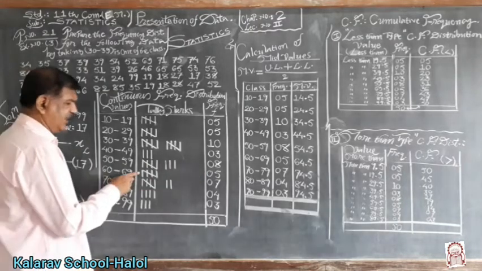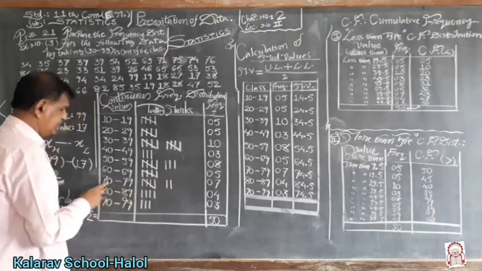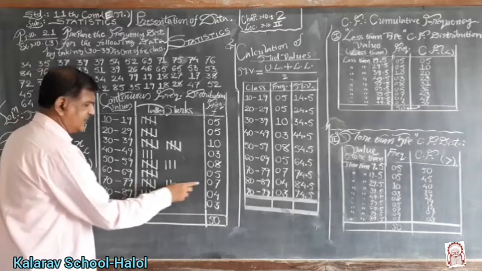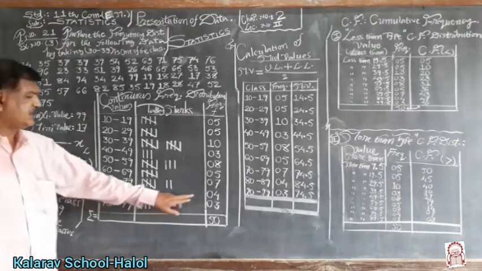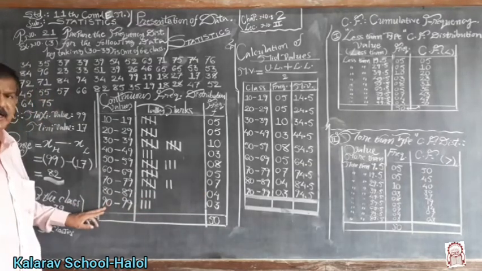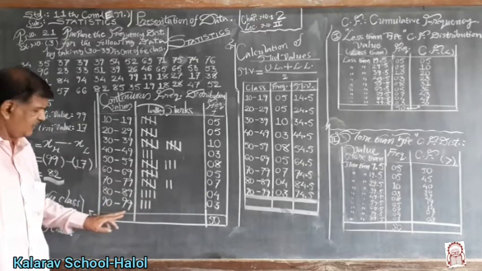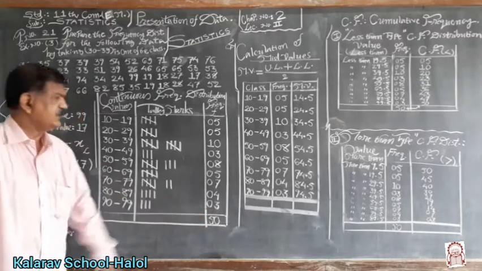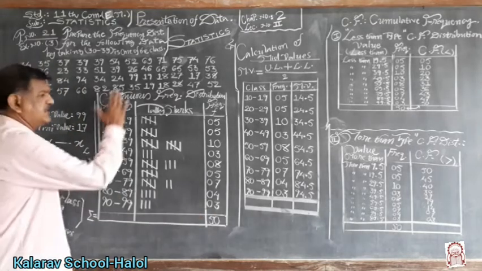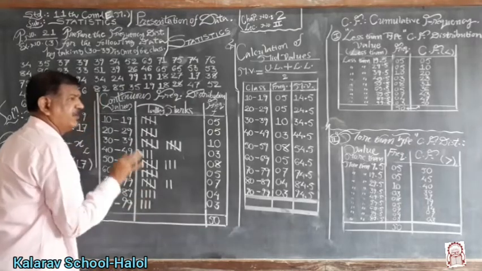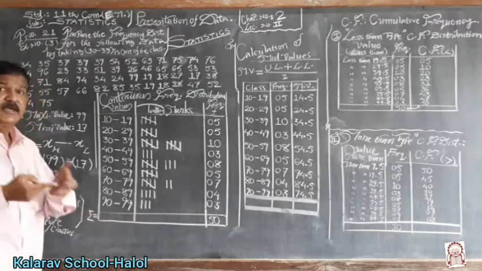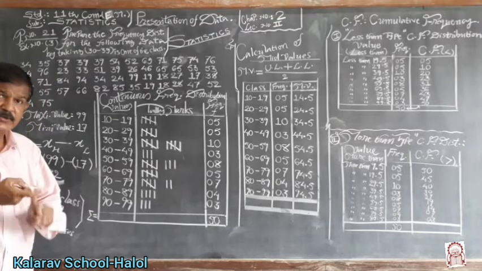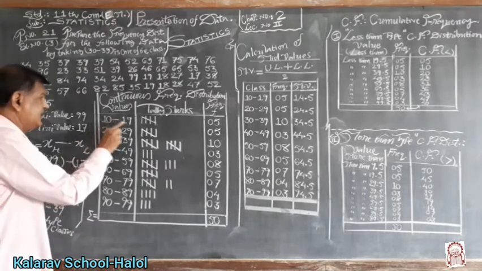For 60 to 69, the frequency is 5. For 70 to 79, the frequency is 5 plus 2 means 7. For 80 to 89, the frequency is 4. And for the last class, 90 to 99, 1, 2, 3, 3 is the frequency. This is known as continuous type frequency distribution, and these classes are known as inclusive classes, in which both the limits are included.